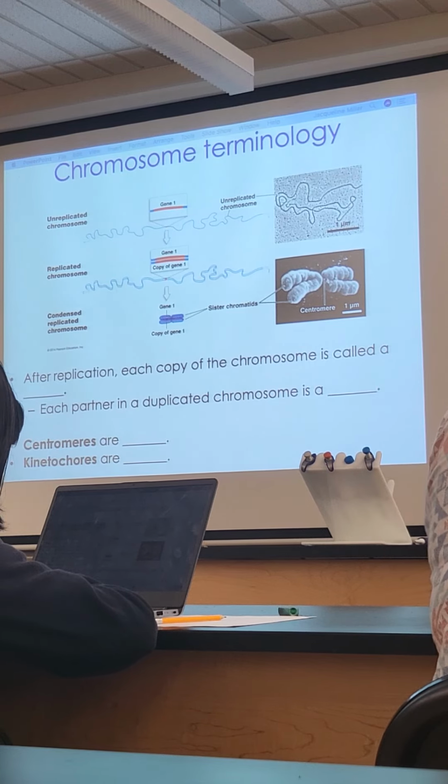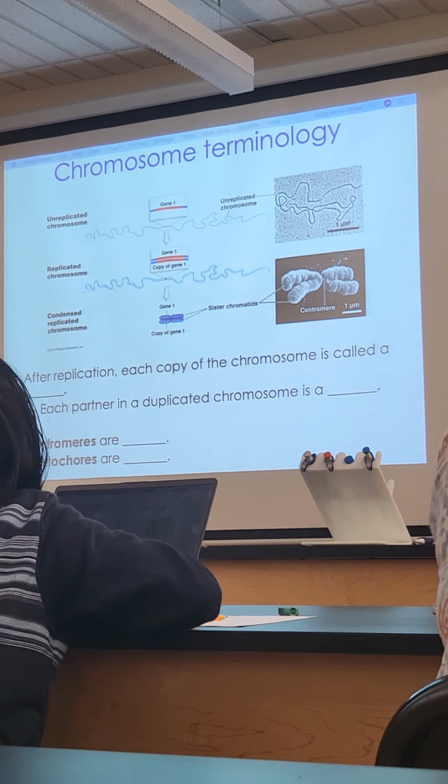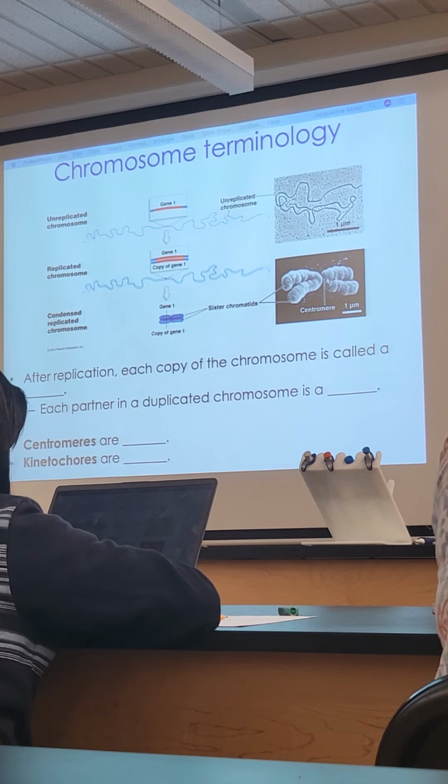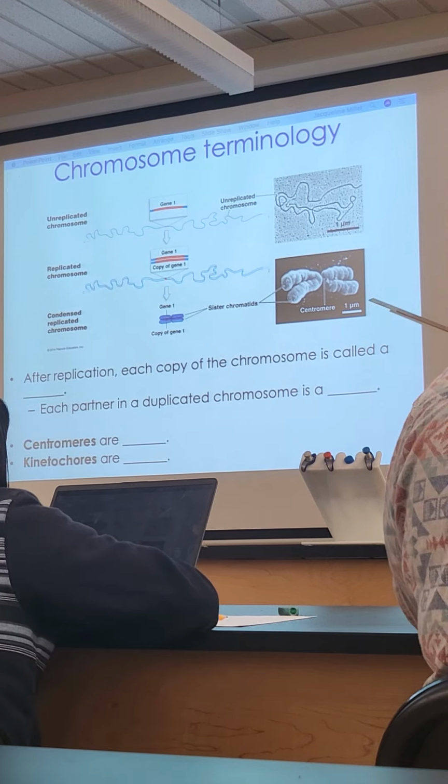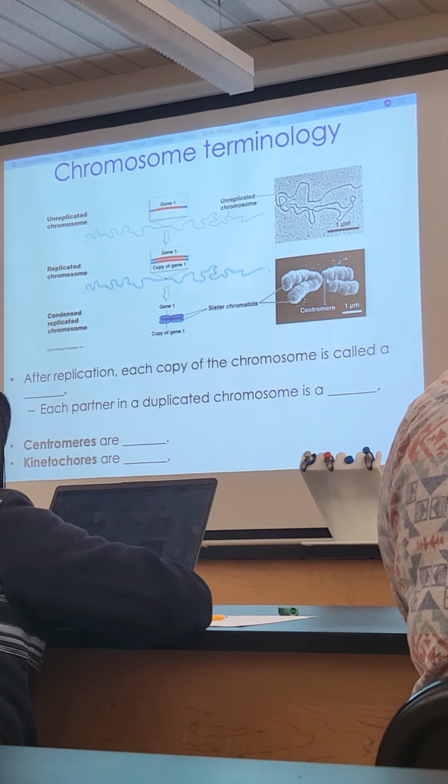And these proteins attach to the microtubules. So they're sort of the interface between the DNA and the microtubules that are going to pull them apart. Does that make sense to everybody? So how many kinetochores? If there's 2 centromeres here, how many kinetochores would there be? 2. There would be 1 on each side.